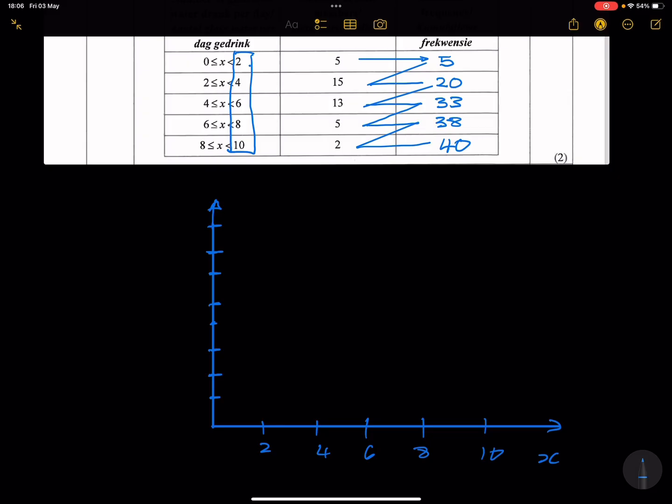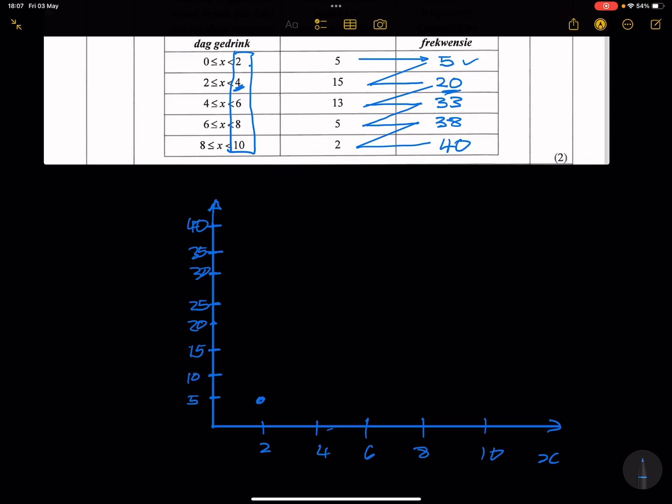At 2, the associated cumulative frequency value is 5. And at 4, my cumulative frequency value is 20. I'm just showing you this because I want you guys to know how to draw that ogive, in case you didn't know.